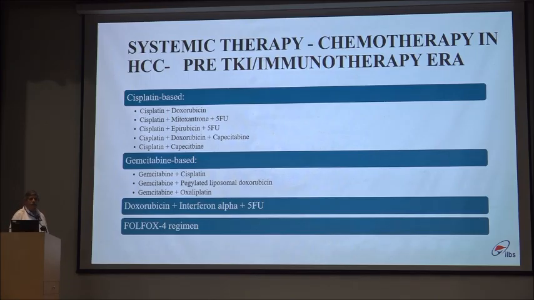So generally their use is now stopped, and only in very few cases of hepatocellular carcinoma, like fibrolamellar carcinoma and sarcomatoid types, are these chemotherapies allowed. Otherwise, chemotherapies are almost obsolete in HCC and portal vein thrombosis. Next.